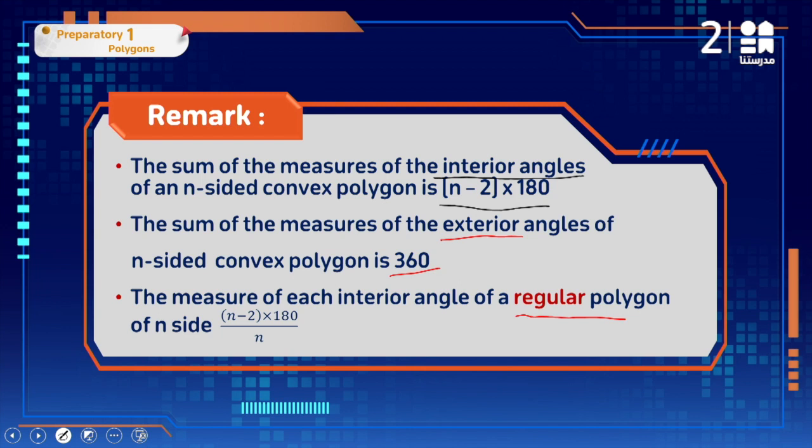For example, a triangle with 3 equal sides is called an equilateral triangle. So here we have 3 rules. The interior angles sum is n minus 2 times 180. The sum of the exterior angles is always 360. And for the measure of each interior angle, we take the sum divided by n, so n minus 2 times 180 over n.